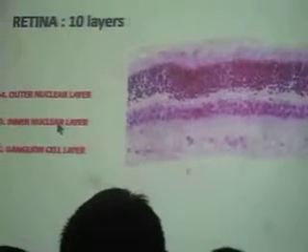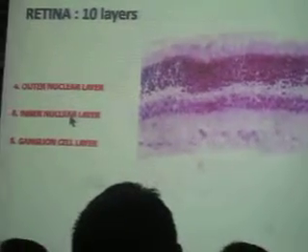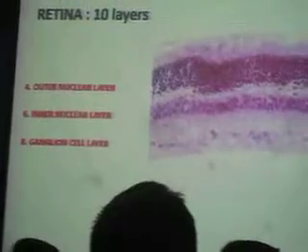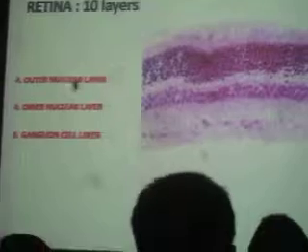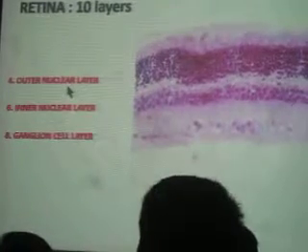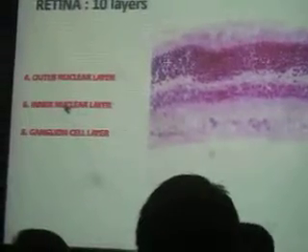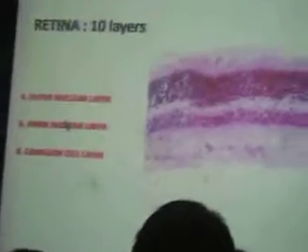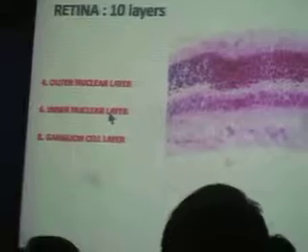If you have cell bodies, you will have corresponding dendrites and axons. The axons of the rods and cones will synapse with the dendrites of mainly your bipolar cells of the inner nuclear layer.